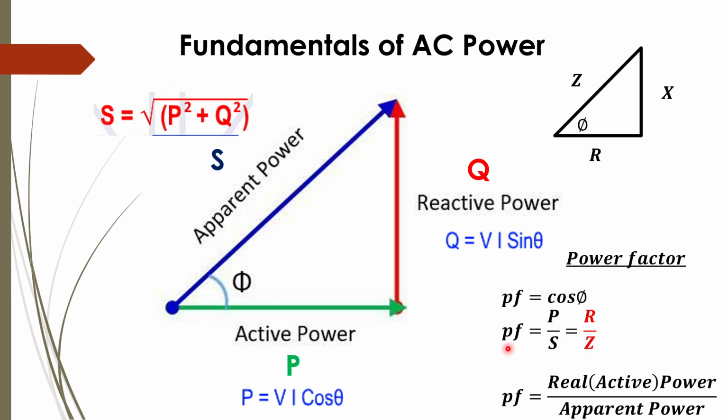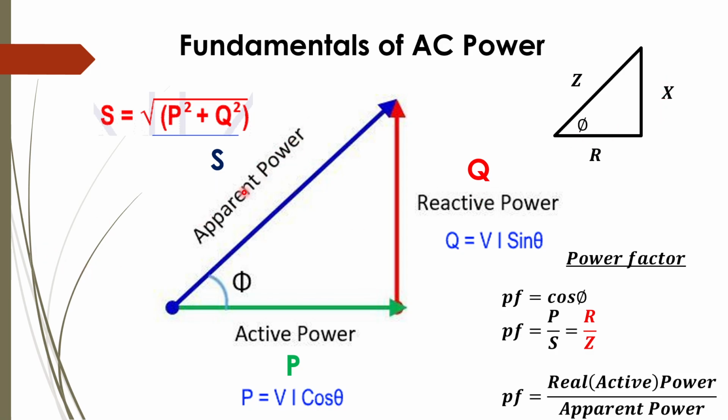Apart from that, this power factor is not only the ratio between the real and apparent power, but this power triangle is also analogous to the impedance triangle, in which the real power gets replaced with the real resistance and the imaginary power gets replaced with the imaginary part, reactance.